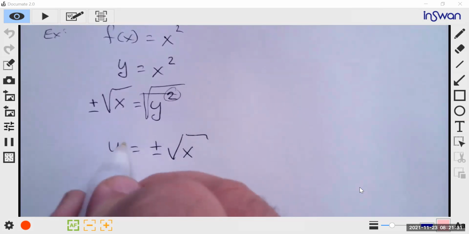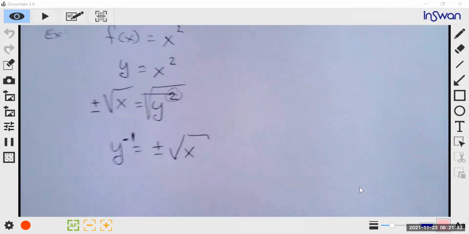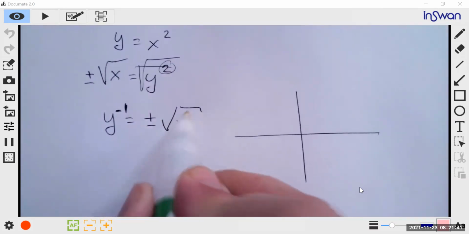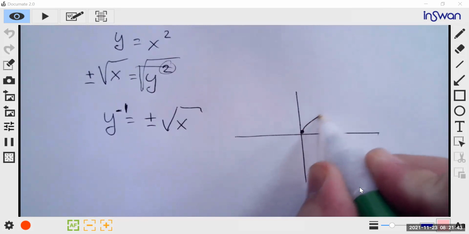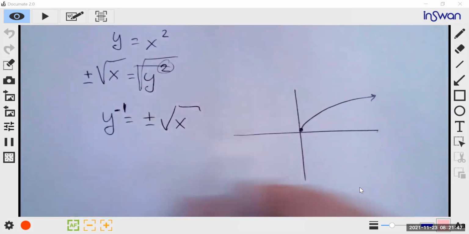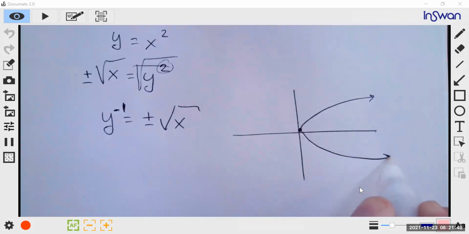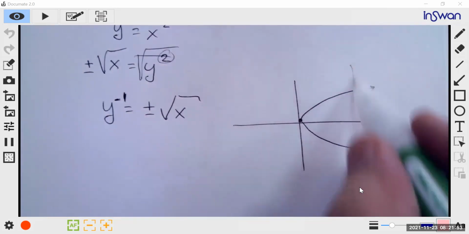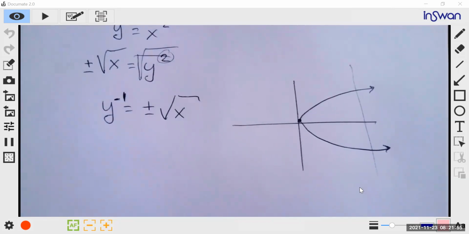But if you look at the graph of this inverse, it's a square root function. Remember, the square root function looks like this. Positive and negative, so it looks like this. That's not a function because the vertical line test fails.